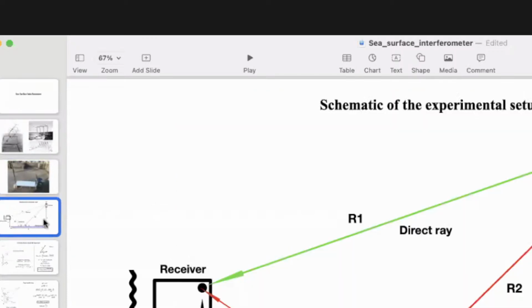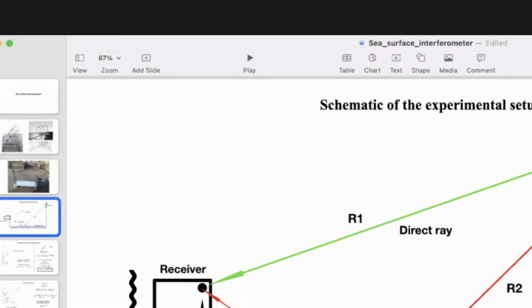Pictorially, this is how the setup will look. This is the transmitting source, at some height from the reflecting surface. Your receiver is also at some height. You will get a direct ray to the receiver, and there will be a reflected ray to the receiver. Both of these rays will interfere and create an interference pattern. As you move your cell phone, you will get fringes.